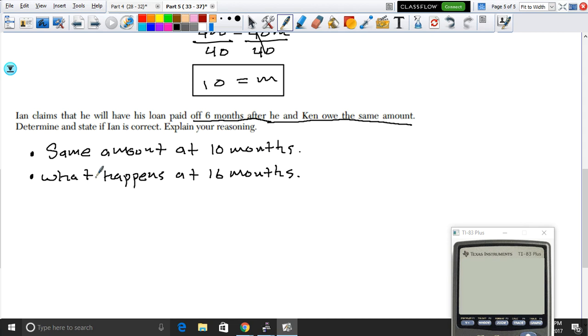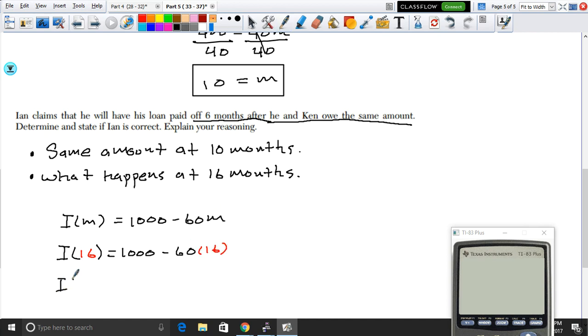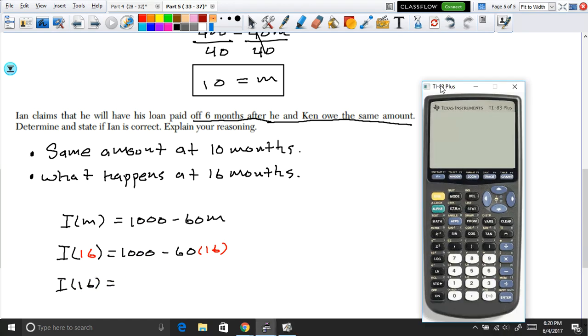Cool. So let's use the equation that we found for Ian. So I of m equals, this is the equation that we found for him, 1000 minus 60m. We want to know what happens at 16 months. So let's plug in 16 for m. That's 1000 minus 60, and let's plug the 16 there. Let's do this in the calculator real quick.